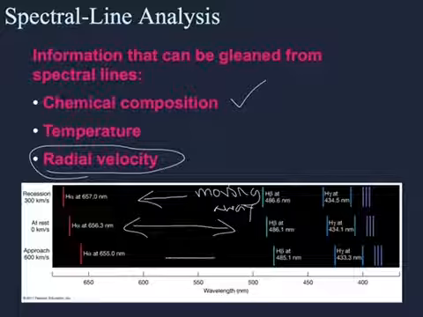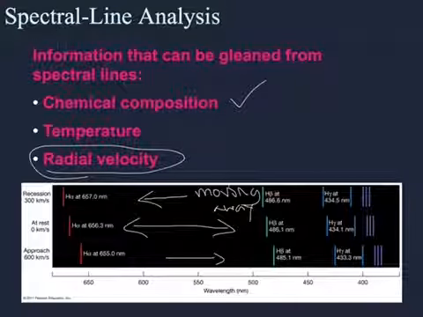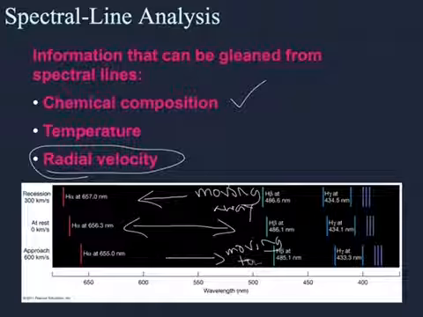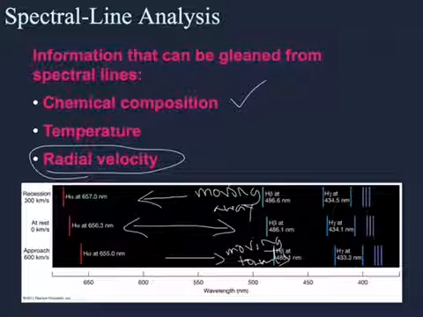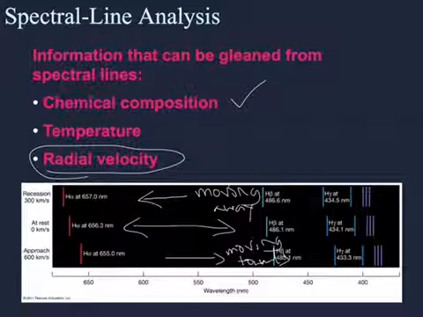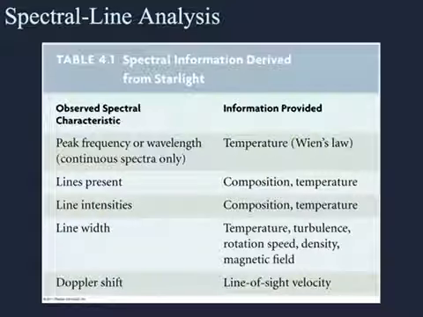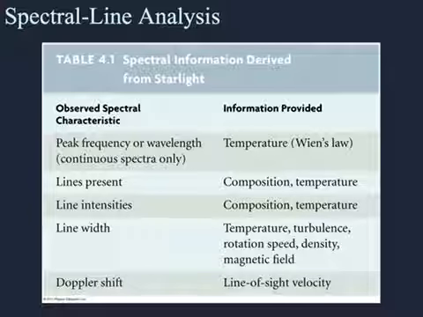And just the opposite, if they're shifted towards the blue side, they're moving towards us. So even spectroscopy can help us figure out things like that, the movement of galaxies relative to us. And this table just identifies some of those specific things that we can observe and what information they can provide.